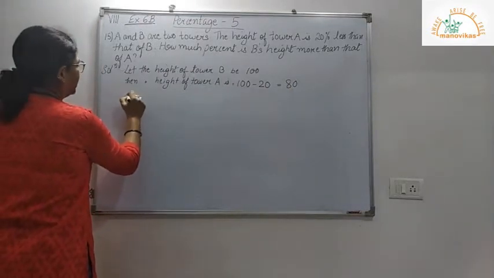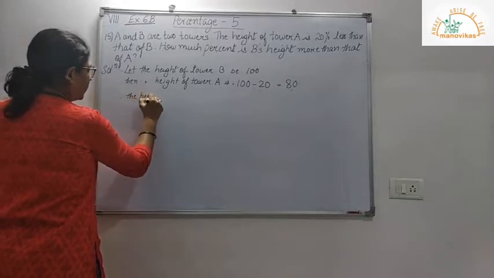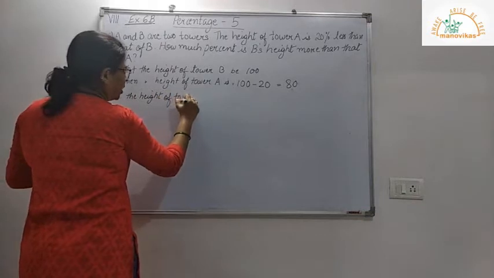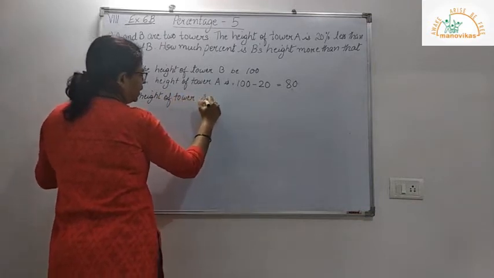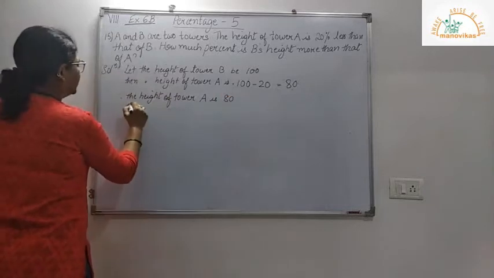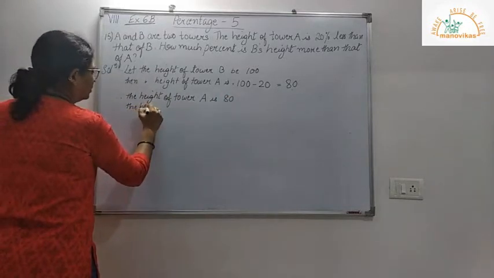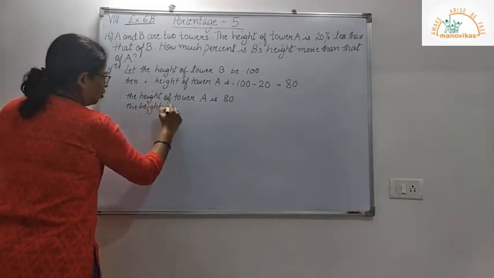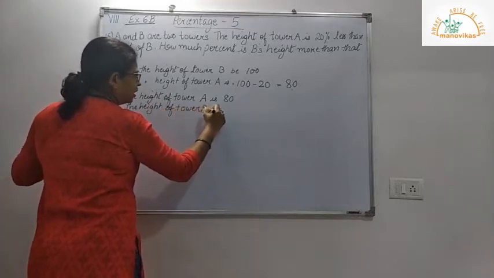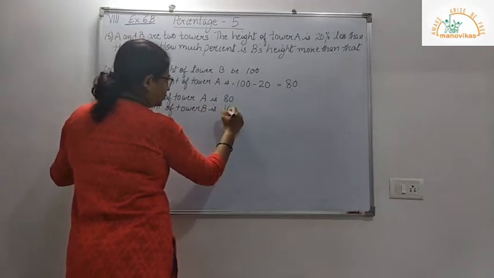Therefore, the height of tower A is 80 and the height of tower B is 100.